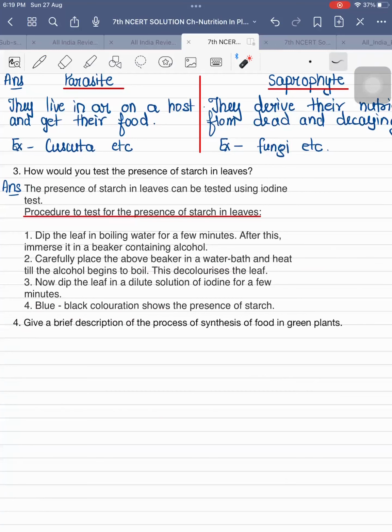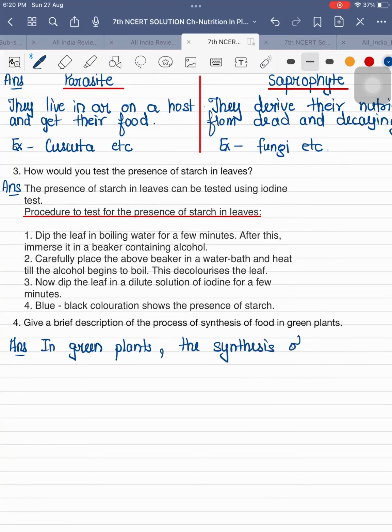So we all know that green plants make the food with the help of photosynthesis process. So in green plants, the synthesis of food occurs by a process called photosynthesis.